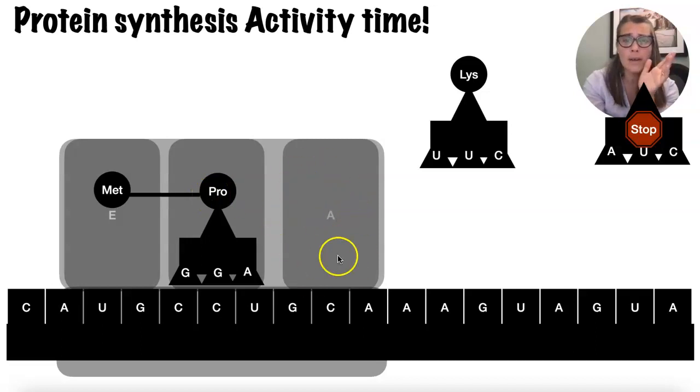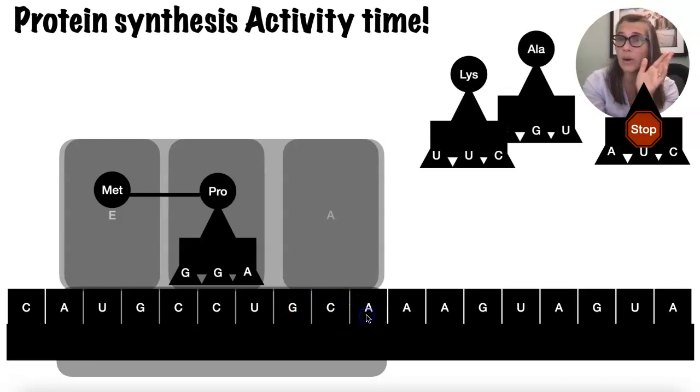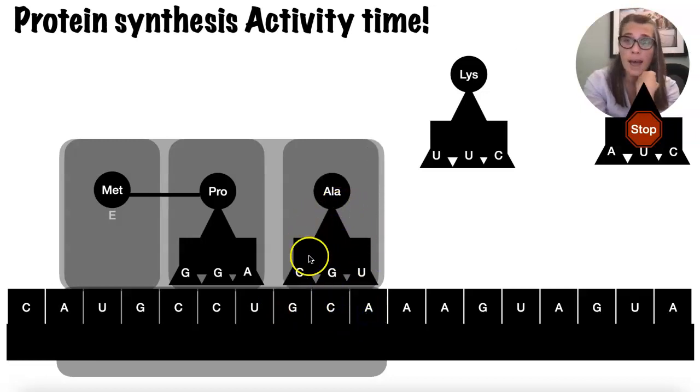Okay, so now the ribosome says next is GCA codon, which means I need a CGU anticodon. So it calls that tRNA that has that anticodon on it and has that specific amino acid, because remember, that is genetic code. This codon is coding for that specific amino acid, okay?